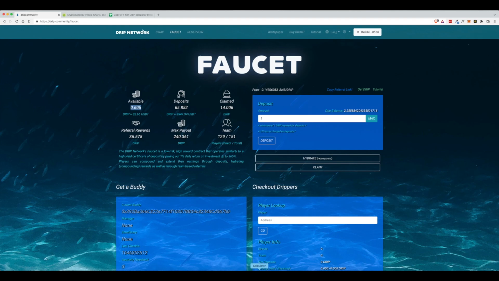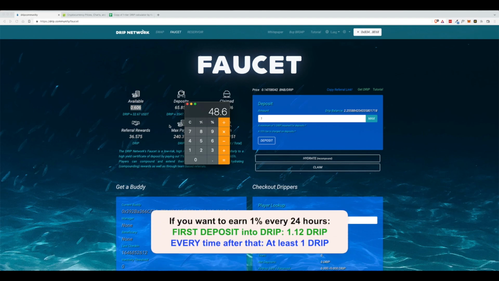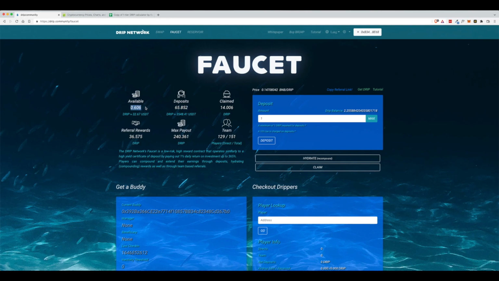So to avoid that and then feel like, well, I just deposited 0.9, which today is around $48, you're like, what the heck? I deposited $48. Why am I not earning this 1% rewards? It's because you didn't deposit enough DRIP on your very first try. If you come back and you're like, oh, okay, I deposited $48 today, which was the 0.9 DRIP tokens, and I'm not earning the 1% because I didn't reach the 1 deposit minimum, then it's not a problem.